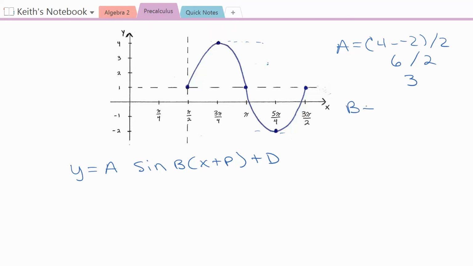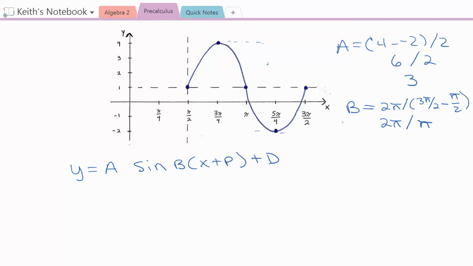For the B term, you're going to take 2 pi and divide it by 3 pi over 2 minus pi over 2, because that's how long this is. So it's 2 pi divided by pi, because the period of this function is pi.